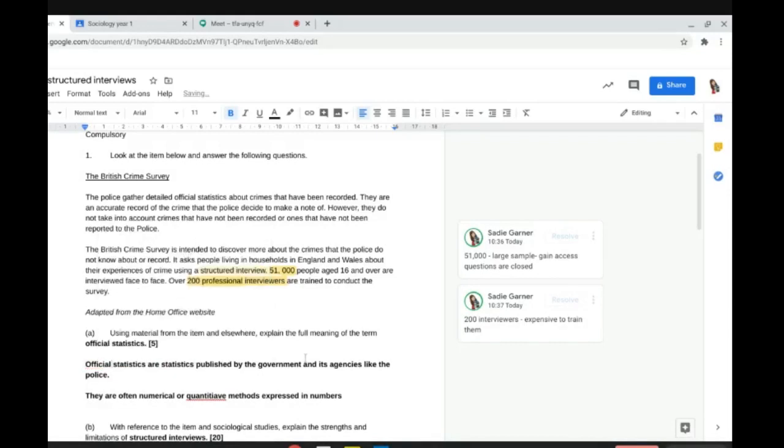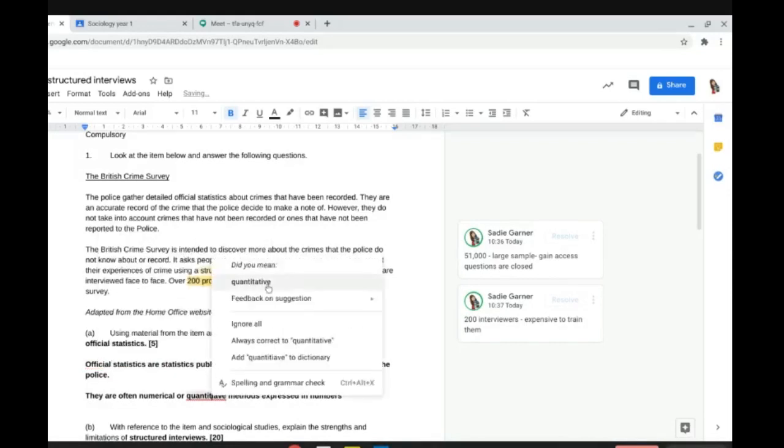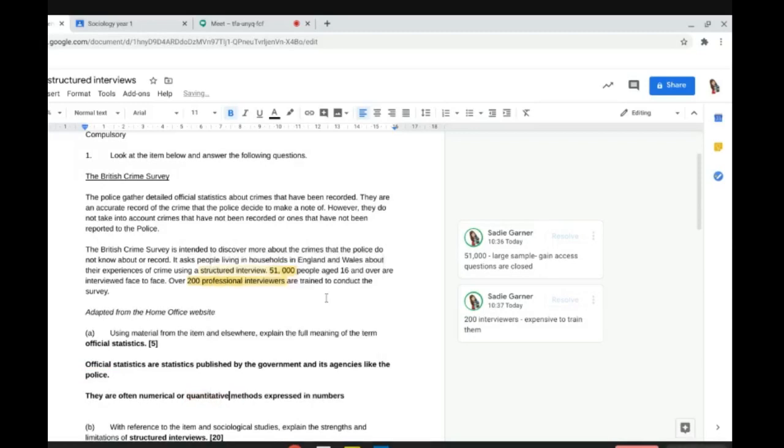Clear point mark, they are often numerical or quantitative, expressed in numbers. Remember, we've always got to explain what we mean by quantitative. That's a mark. They're often quantitative or numerical and expressed in numbers.